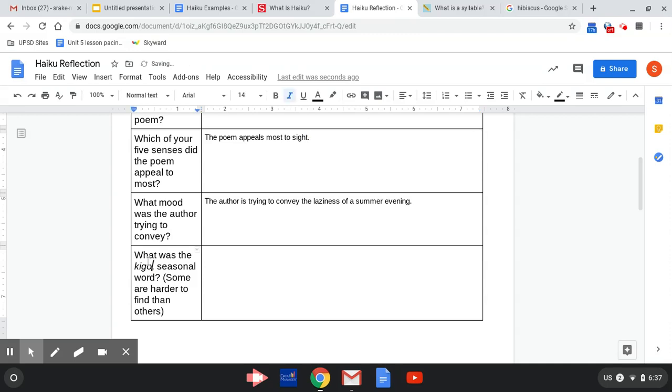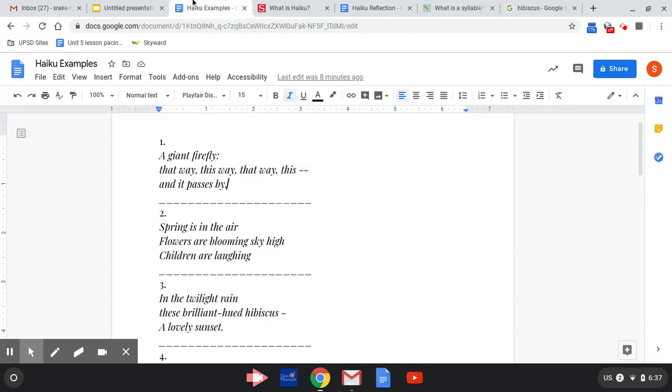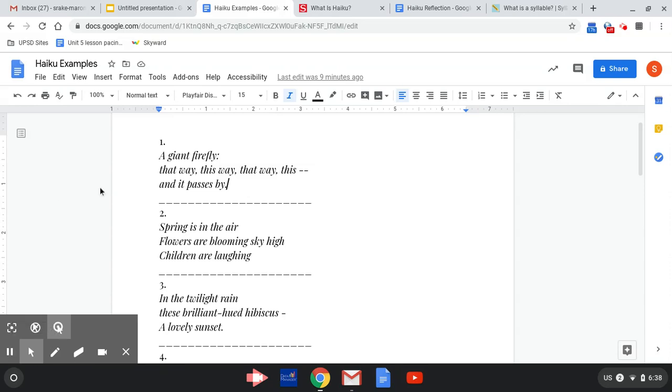Okay, lastly, what was the kigo, the seasonal word? So I'm looking here, reading the poem. What is the tip to me? What clue do I have about what season this is about? And this, you may or may not know this, but fireflies hibernate through the winter in their larval stage, and then they come back out in the spring.